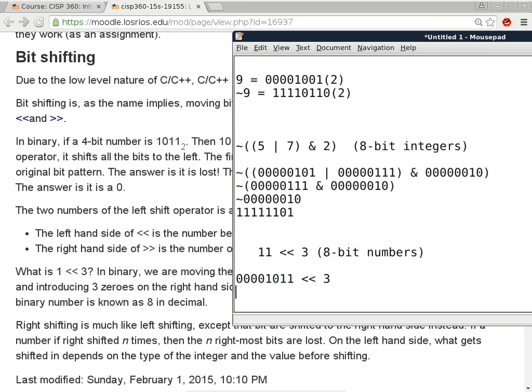So the end result of this is 01011 followed by three zeros. You can see these 5 bits, instead of being the least significant 5 bits, now become the most significant 5 bits. But we also introduce 3 additional zeros on the right-hand side, just to make up for the number of bits here. And that's the end result.